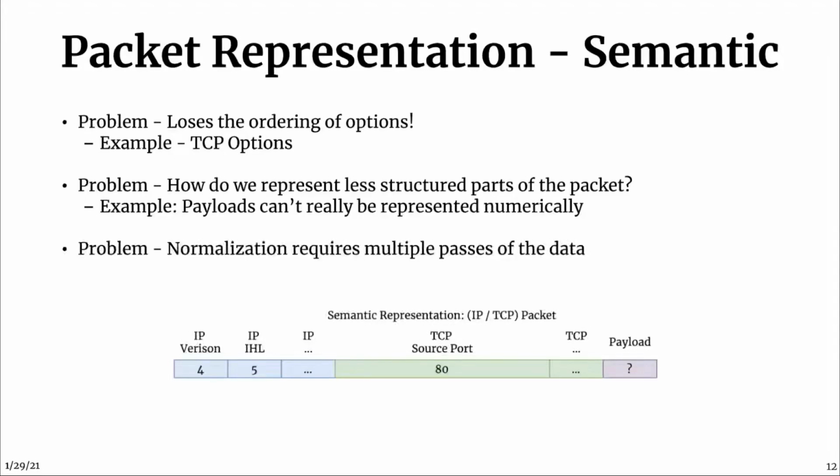TCP options have been widely known and used to differentiate operating systems and device characteristics. They're widely used in Nmap as a very predictive feature for what device is behind traffic. And when you encode in a semantic way, you lose this ordering that has so much information about what device generated the traffic.